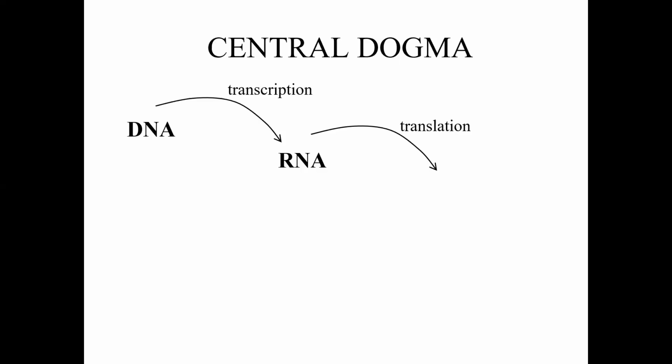So DNA to DNA is called replication, while DNA to RNA is transcription. And when RNA is translated, it produces what? Protein. That is how the flow of genetic information in the central dogma of molecular biology occurs.